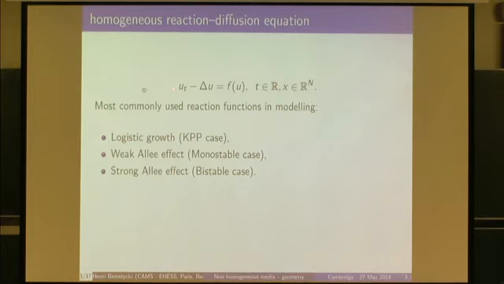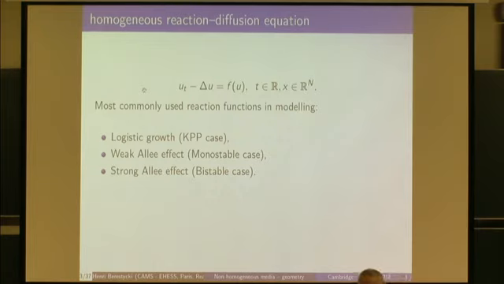There could be a diffusion coefficient here. So du/dt minus Laplacian of u is equal to f(u). The homogeneous equation is an equation which doesn't depend on t and x. Also, it's important, it's set in all of R^n. And t is time.